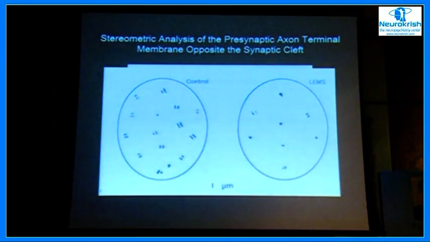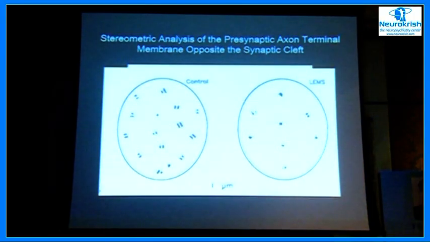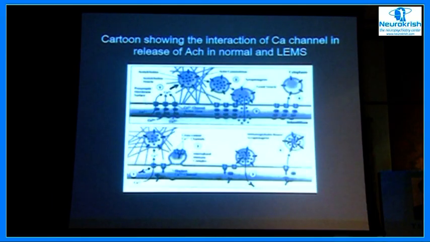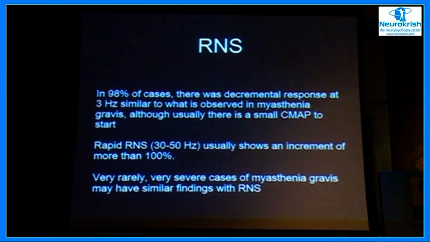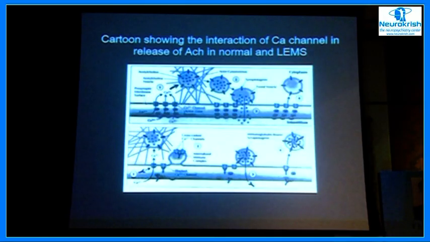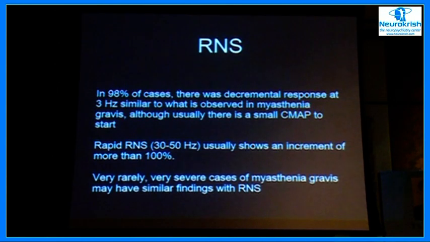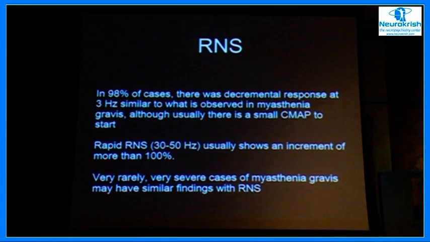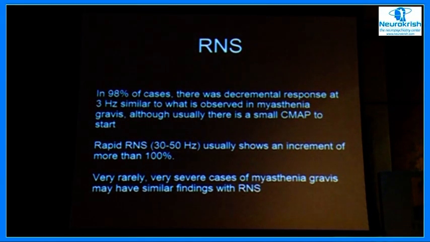Again, this is a stereometric analysis of the synapse showing abnormalities there. Again, this is a cartoon showing the various levels at which the calcium channel antibodies work and affect the release of ACh. Again, RNS showing decremental response at 3 Hz and rapid RNS showing incremental response.